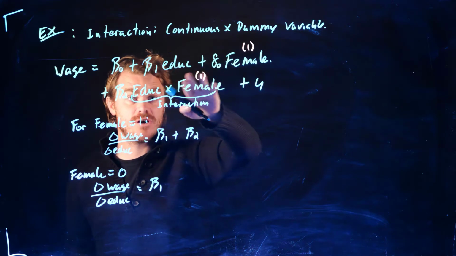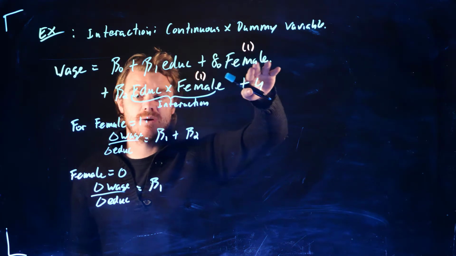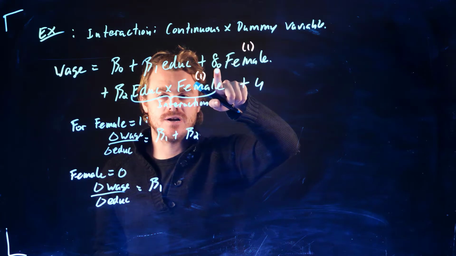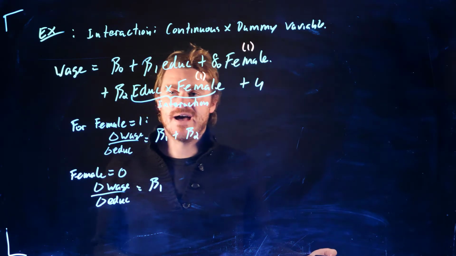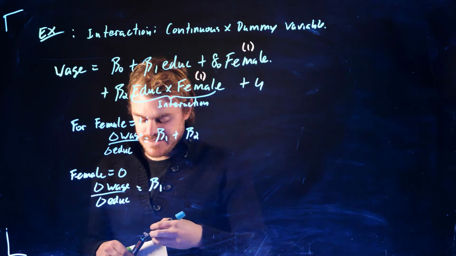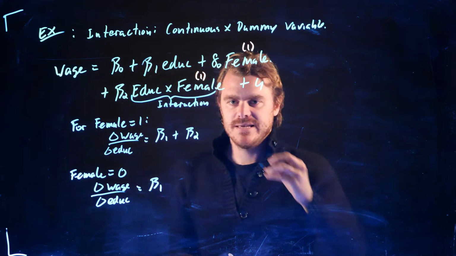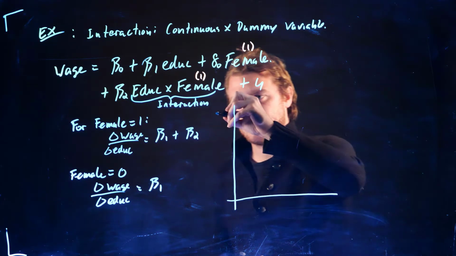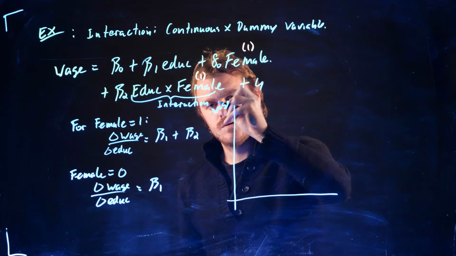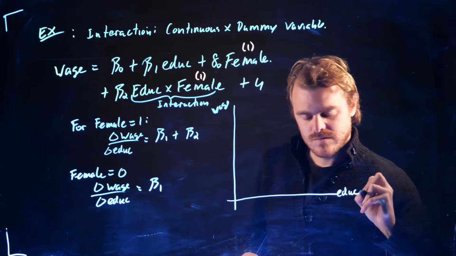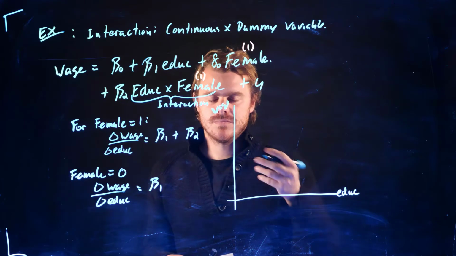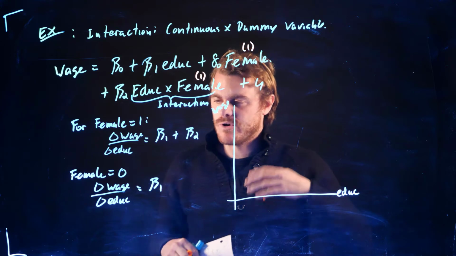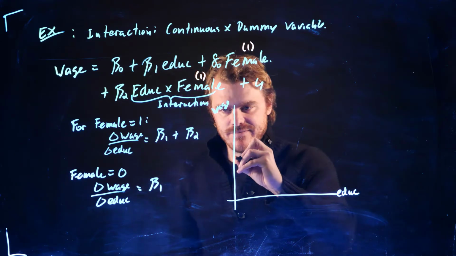And the intercepts here are different as well, right? If someone identifies as female, their intercept's beta 0 plus delta 0. If someone doesn't identify as female, then their intercept is just beta 0. So let's think about what that means visually for a regression. So let's just draw the regression line for someone who doesn't identify as female.